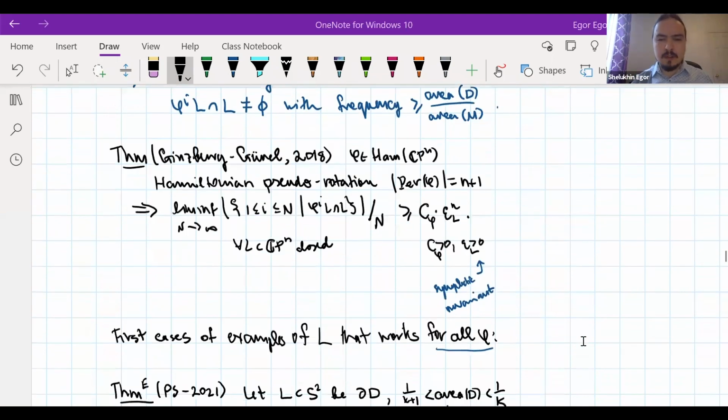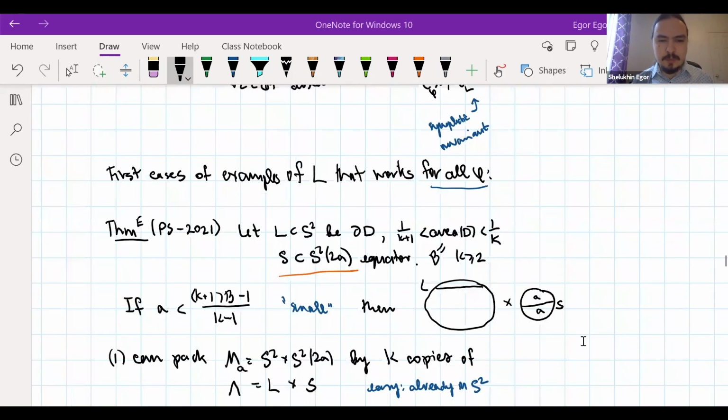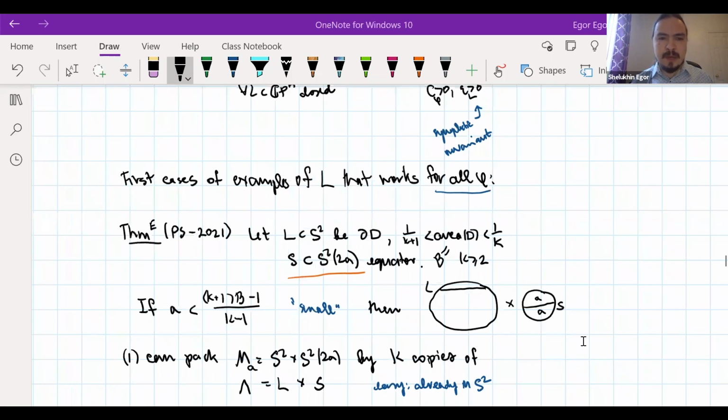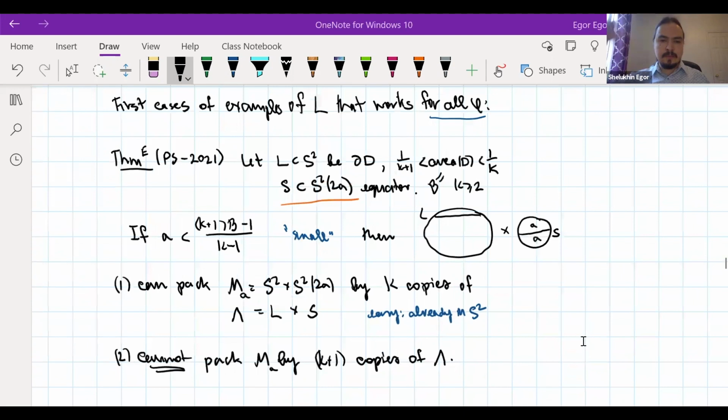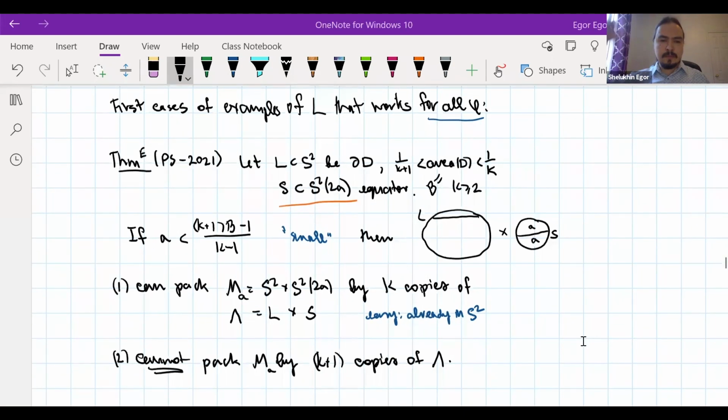More precisely, we prove a packing statement from which we deduce a recurrence statement. The packing statement is the following, and here I will specify exactly the necessary A. Suppose that L in S^2 is a boundary of a cap of area, let's say B, between 1 over k plus 1 and 1 over k.